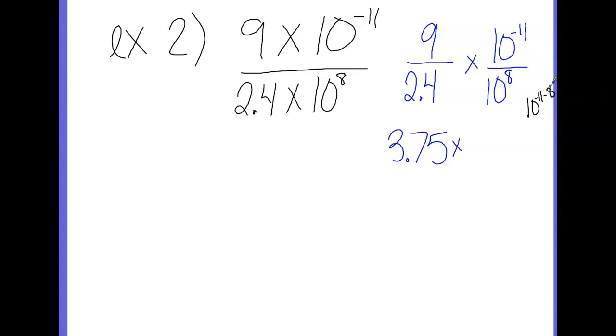So I get, if you're down 11 and you go down 8 more, you're really far down. So it would be negative 19. I think if you only have negatives, you can only get more negative, right?